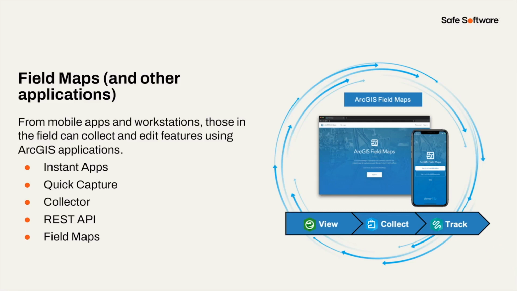It allows those in the field to easily access and edit and collect data from their mobile devices. It's pretty comprehensive and puts a lot of the functionality that exists between the separate web applications into one place. As you know, there are many types and ways to make a web application in ArcGIS, and they're completely customizable. You may be familiar with some of these on this list.